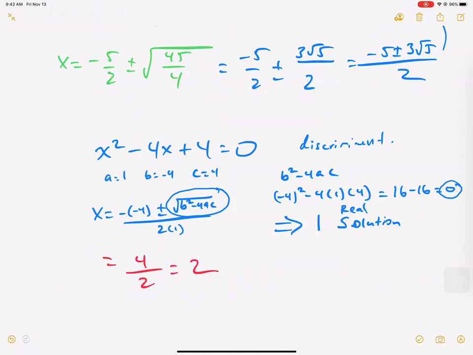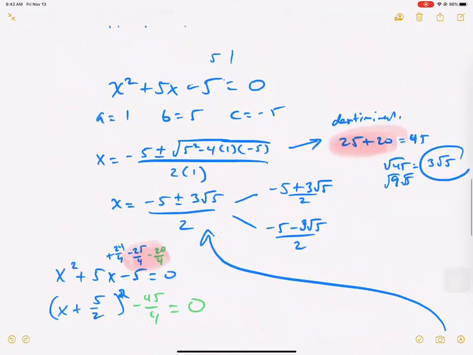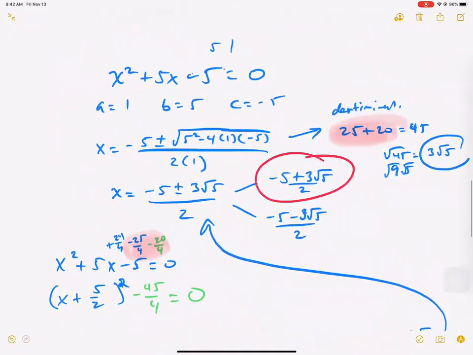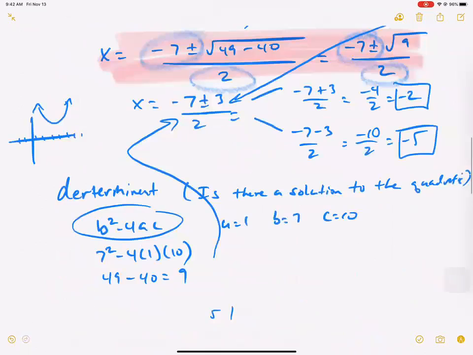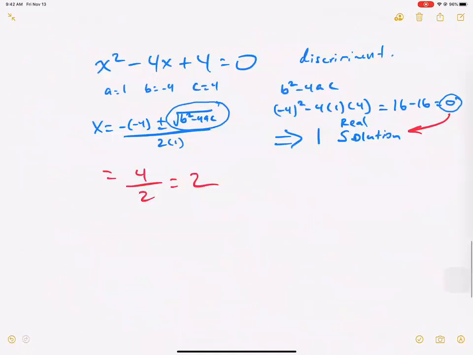So this becomes 4 over 2, which is 2. One thing we want to realize for the discriminant is that if it's 0, that leads us to only one solution because you don't plus and minus anything. If the discriminant is positive, no matter what the positive number, we always end up with two possibilities. And if it's negative, I'll create a chart for you in a little bit.